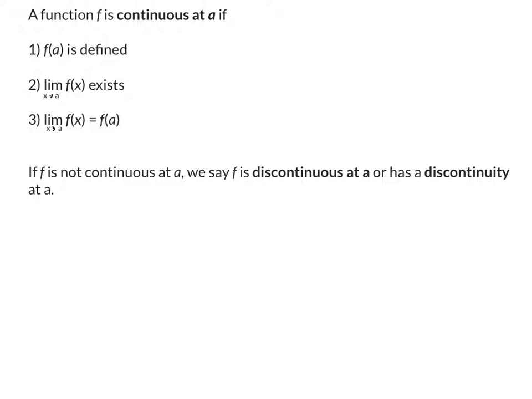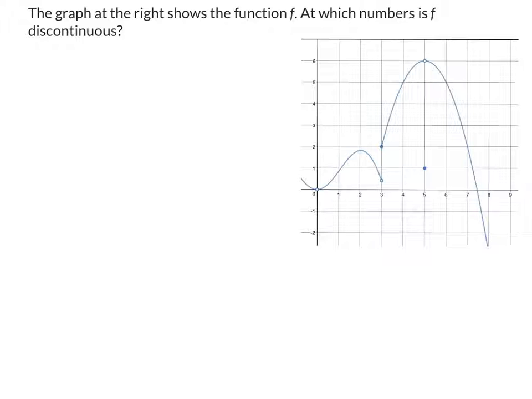On the next slide, we're going to see an example of a function with several discontinuities. So here's the function f, and the question is, at which numbers is f discontinuous? Now, the first place I notice is right here.